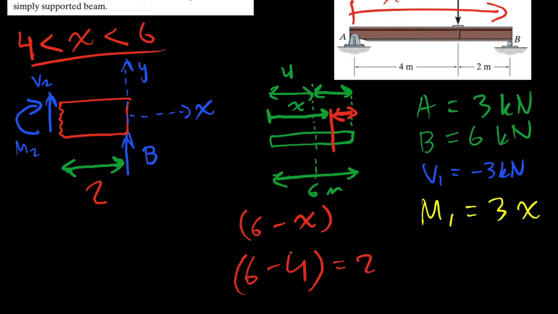Now, if x is 5, let's say, then it's equal to 1. So then this distance is equal to 1. Then we would be looking at this location, where the distance between B and our sectioning is equal to 1. Let's do that again with x equals 6. We know that 6 minus 6 is 0, and if this distance is 0, then we are looking at the location at which the beam ends.